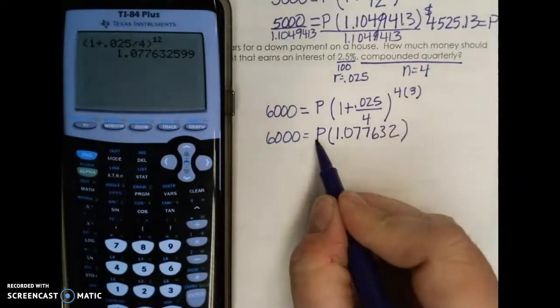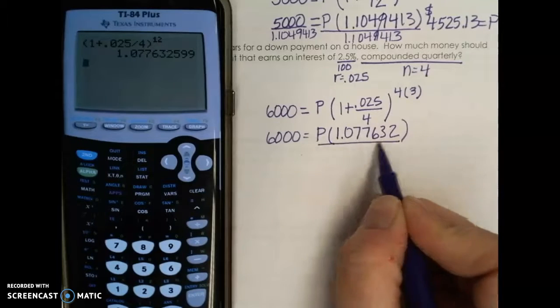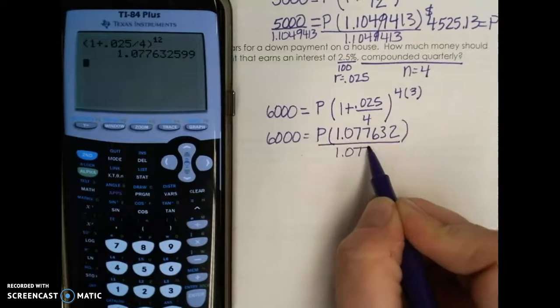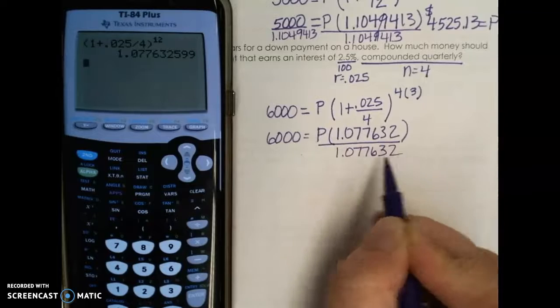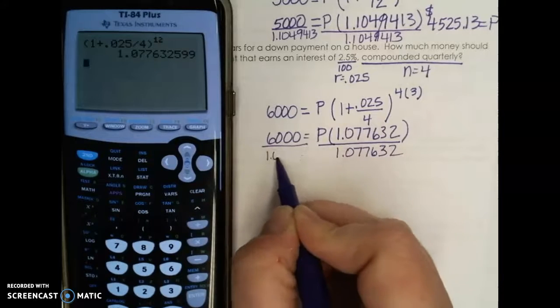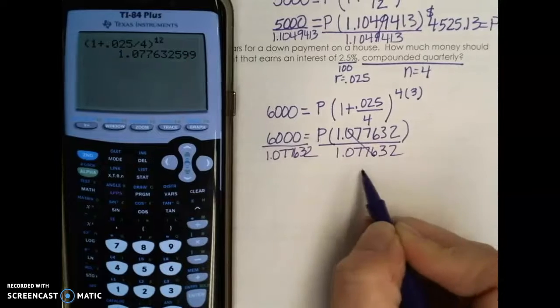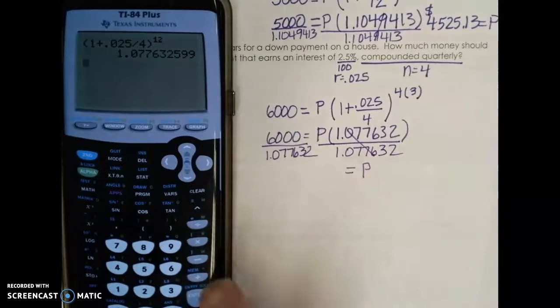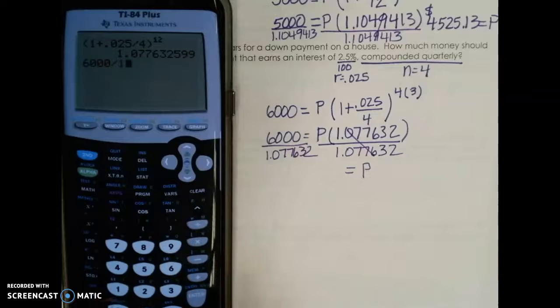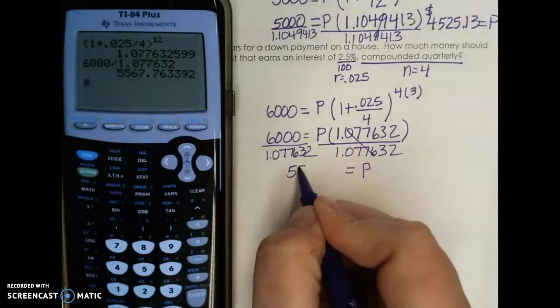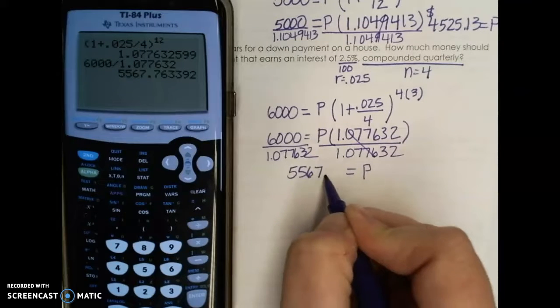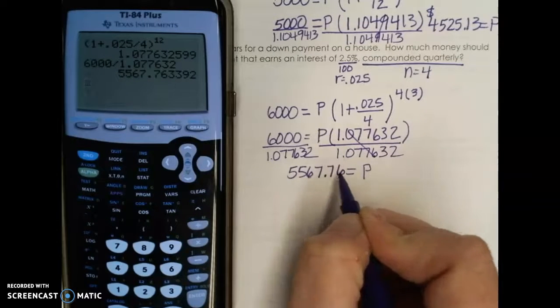So to get P alone, this is P times that number. So I'm going to divide by the number on both sides. Here it cancels out and it's going to leave P all by itself. And 6,000 divided by 1.077632 is 5,567.76.